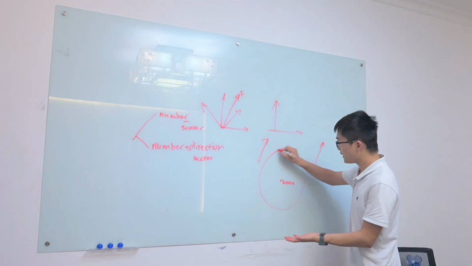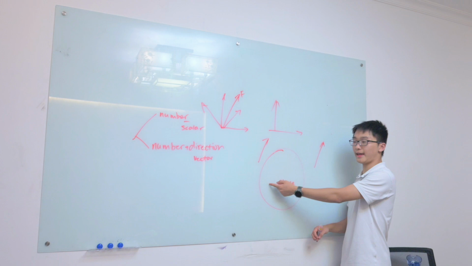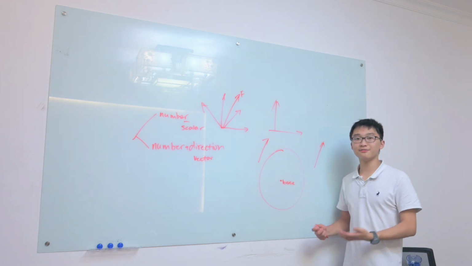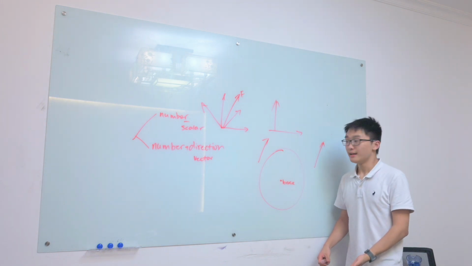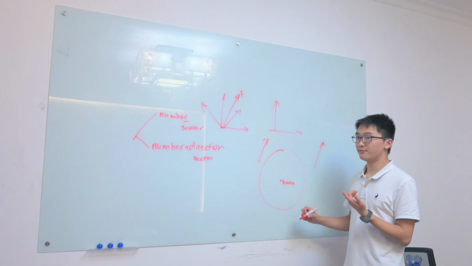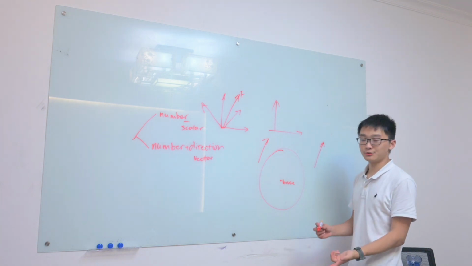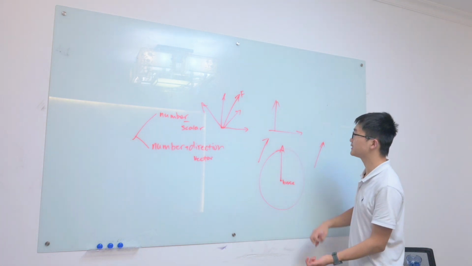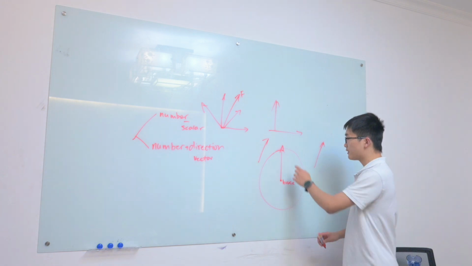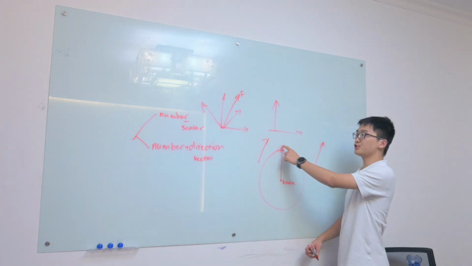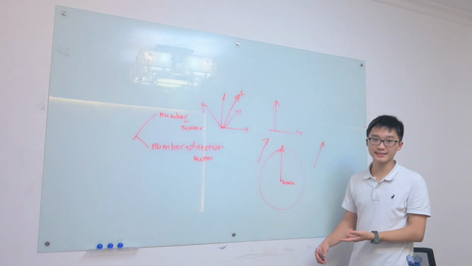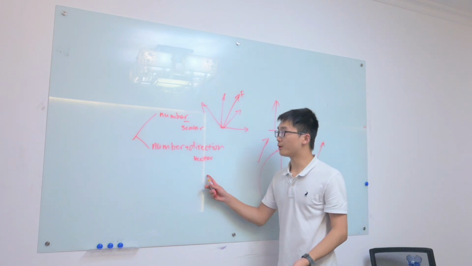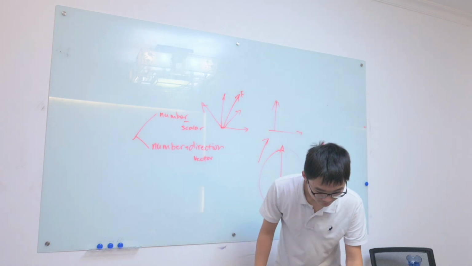It could be anywhere in this entire area of the circle, because you didn't give me the exact direction. But if you say that this restaurant is north of me, 10 kilometers, then the restaurant should be here. So we have located that point. This is what we call vector and scalar.